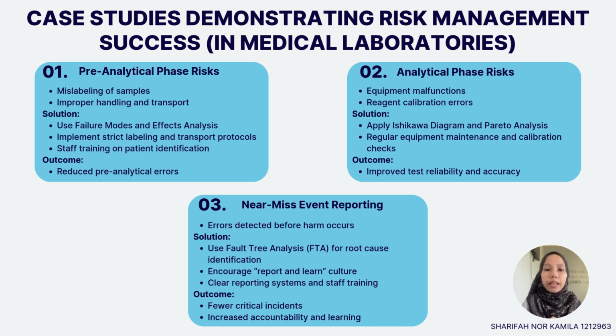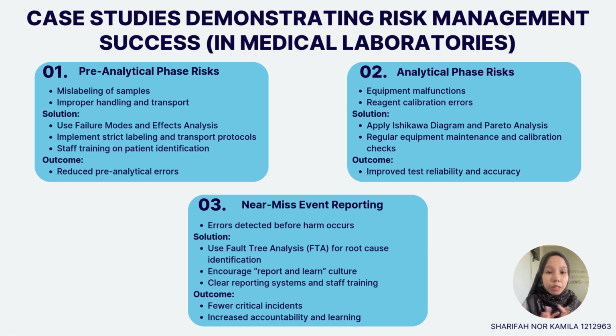Last but not least, laboratories manage near-miss events, which are errors that are detected before they affect patient care. Using fault-tree analysis, laboratories identify the root cause of these near-misses and take corrective measures. Staff are encouraged to report these incidents rather than overlook them, supported by a clear reporting process and targeted training.